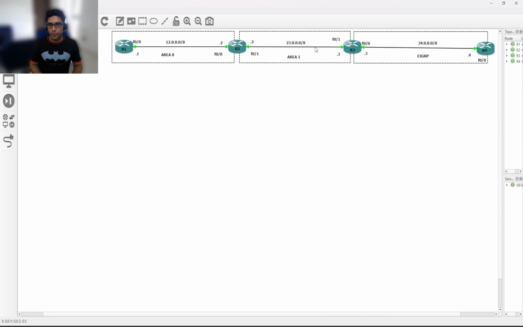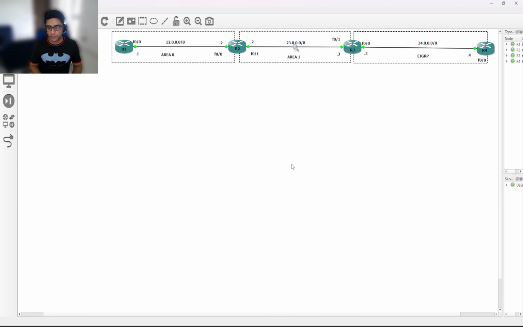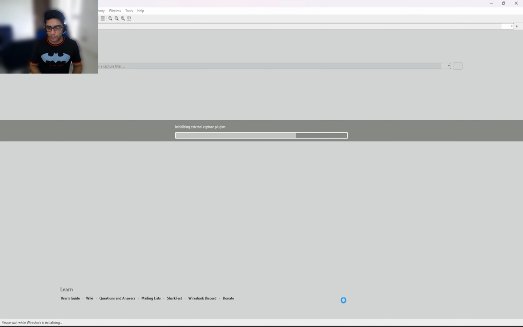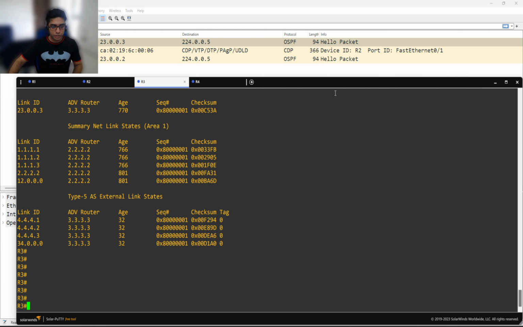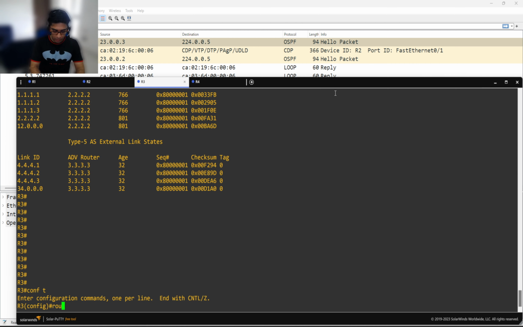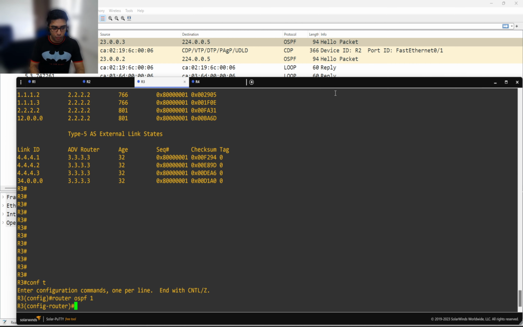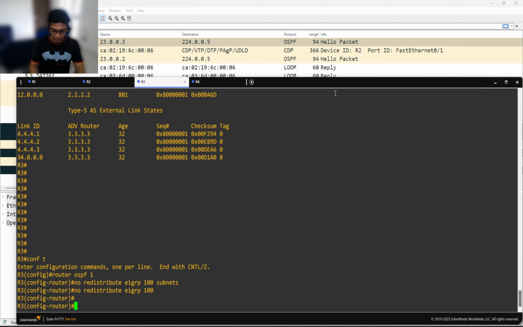So let me open up the Wireshark and remove the redistribution first. Configuration terminal, router OSPF 1, no redistribute EIGRP 100 subnets, and as well no redistribute EIGRP 100 both.